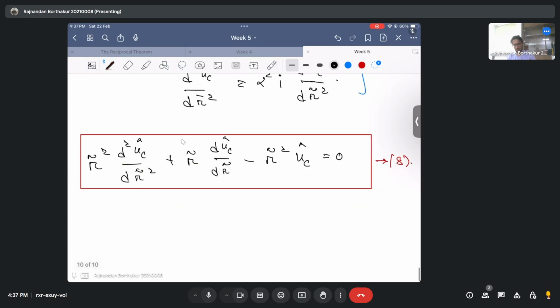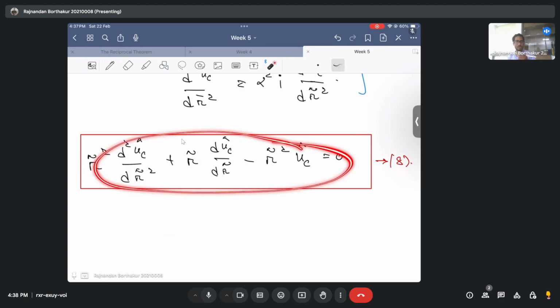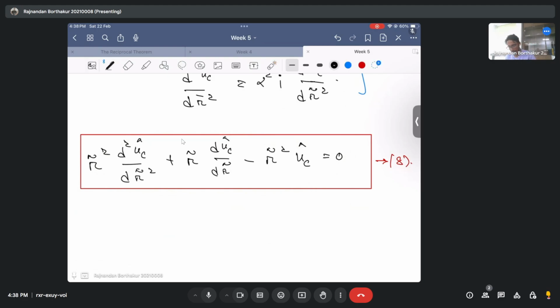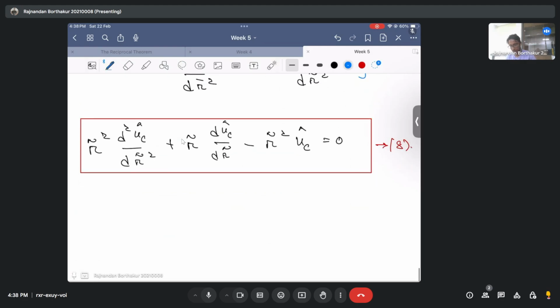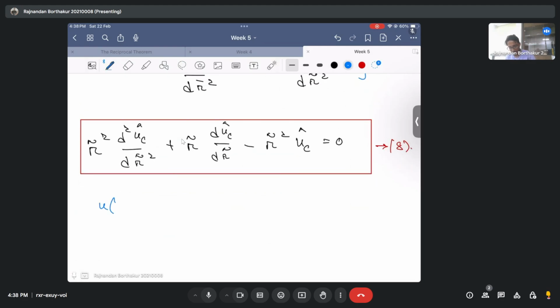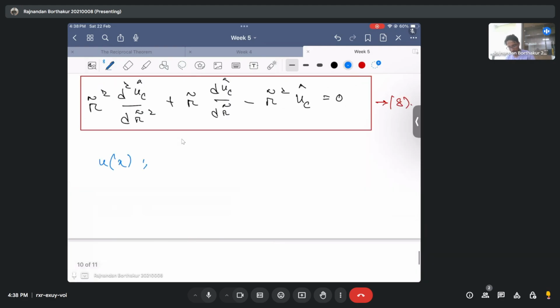Okay. Now this equation is so famous that the solution of this equation is well known. So I'll make things a little bit simple for you. If I have a variable u(x), and if u(x) satisfies this equation, x squared times u_xx, where u_xx is nothing but d2u by dx squared.